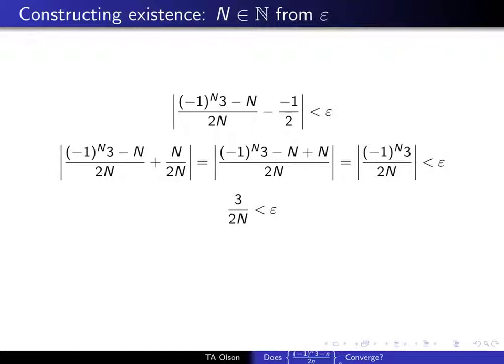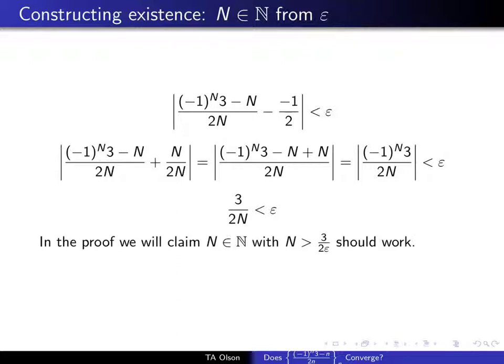So for this condition to work for this n for any epsilon, this ends up being the condition that we need. But since we're going to talk about what the value of n is based on epsilon, we flip this around, so we need n to be some integer larger than this. That's the claim we're going to make in our proof.